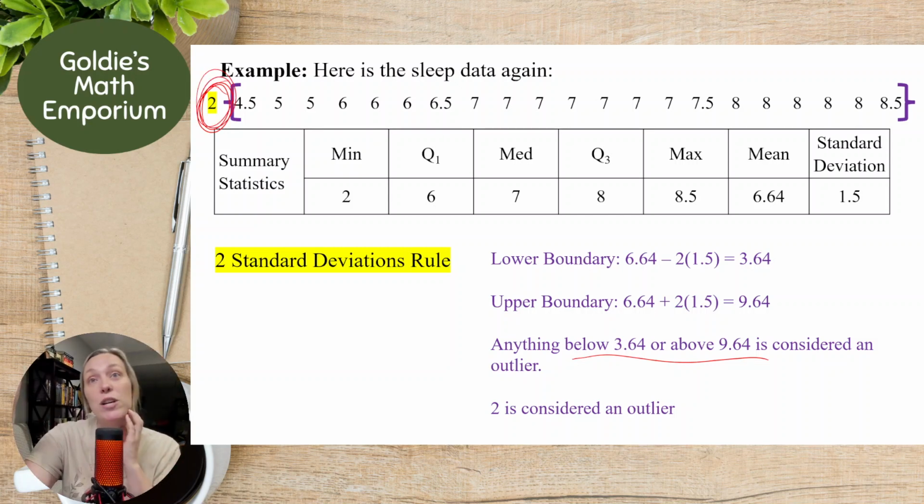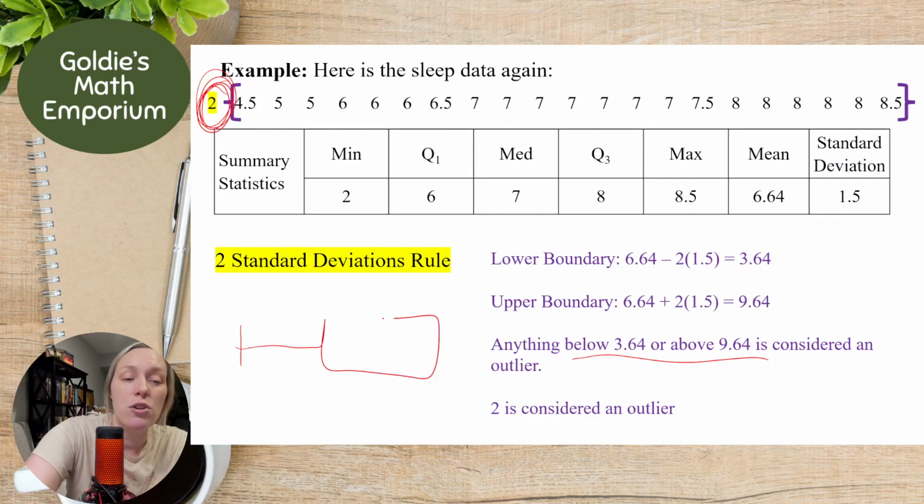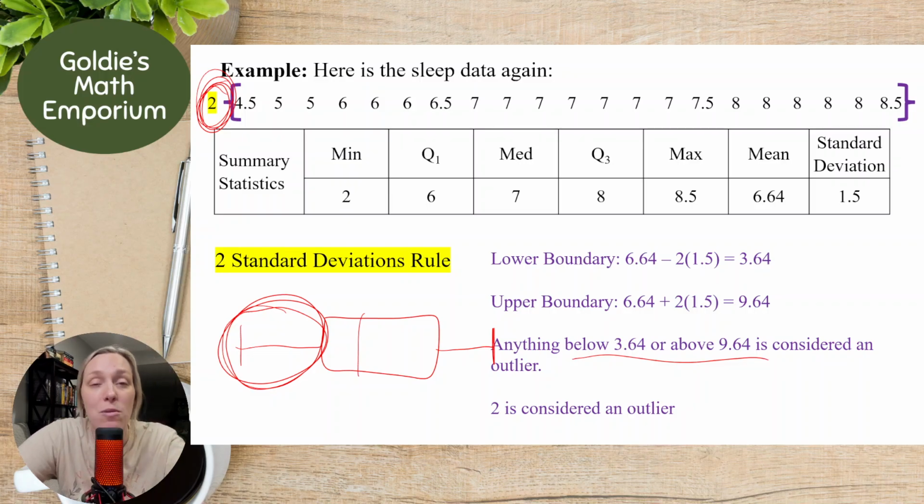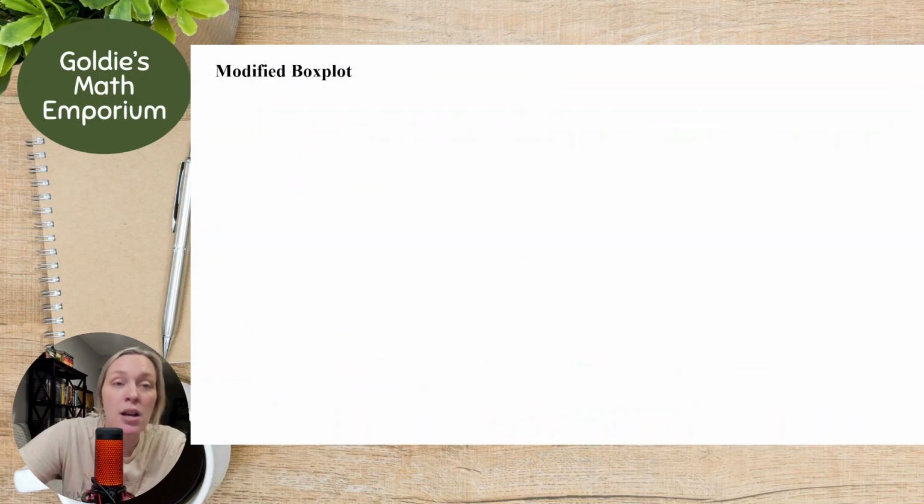And the way the box plot is shown, you don't see individual values, so we don't know how many. We know that 25% of the data falls in this whisker, but we don't know how many that is, and we don't know if they're outliers or not, which is why we have a modified box plot.